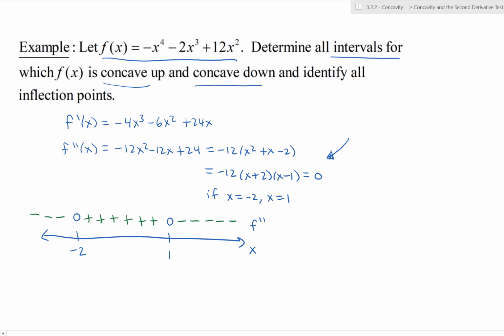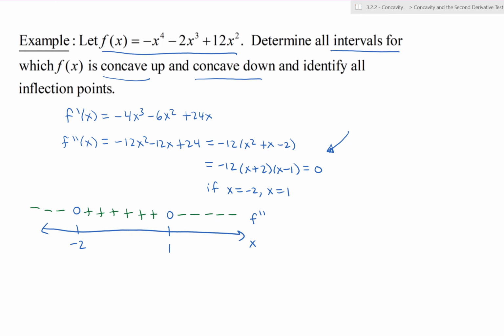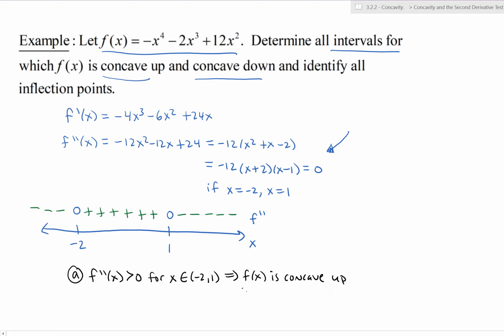So this sign chart here for f double prime tells us several things. First thing, f double prime of x is positive for values of x between negative 2 and 1. And therefore, because that's true, it must mean that f of x is concave up for values of x between negative 2 and 1.